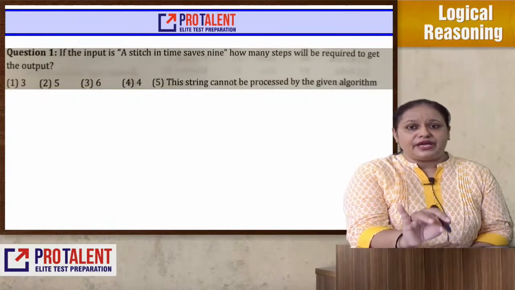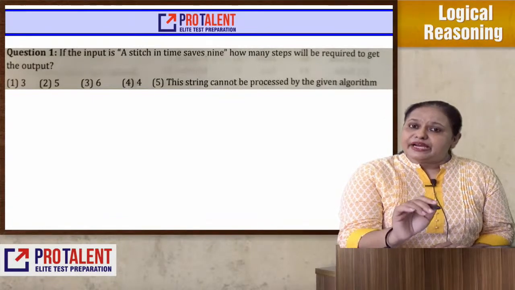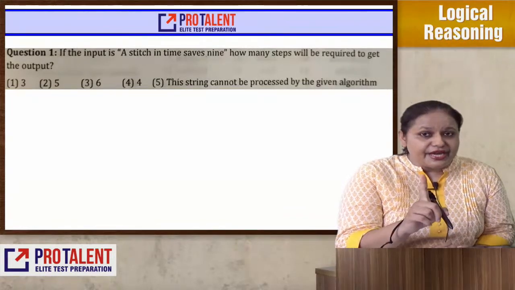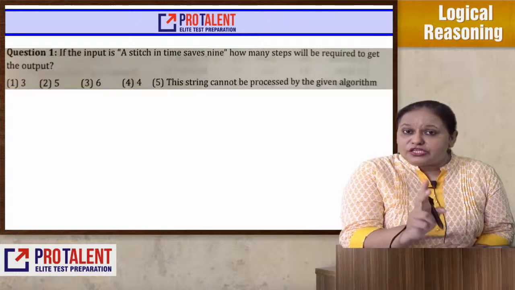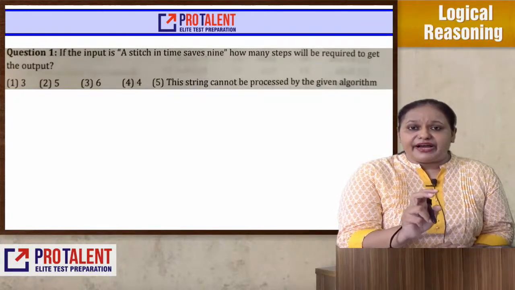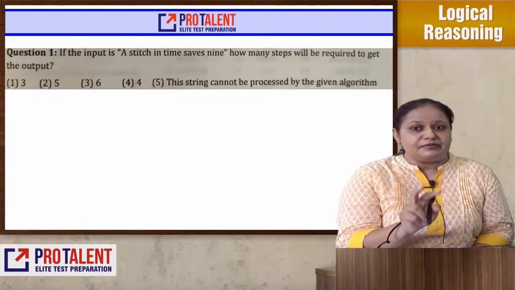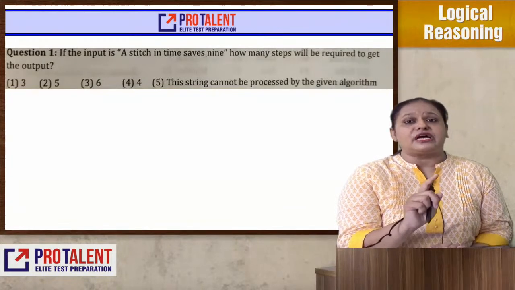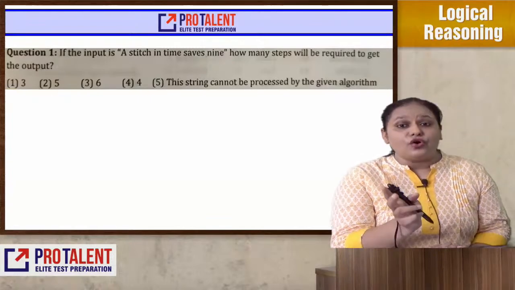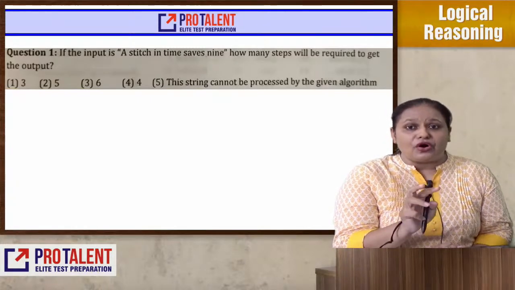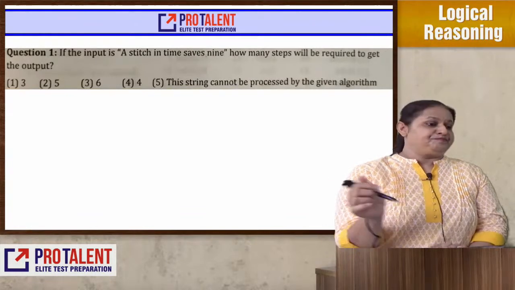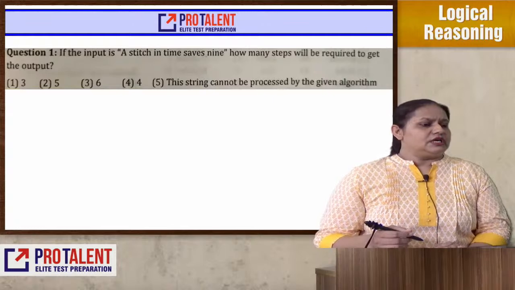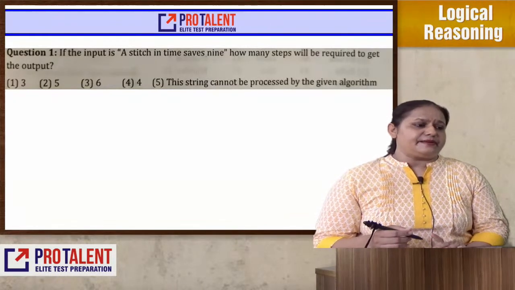Try to write it down. When you write and do it, you gain a kind of confidence, and you can identify the loopholes, so that even if you try similar questions mentally, you would know the catch points where you may go wrong. So initially no shortcut. Okay, fine. So how many steps would be required?